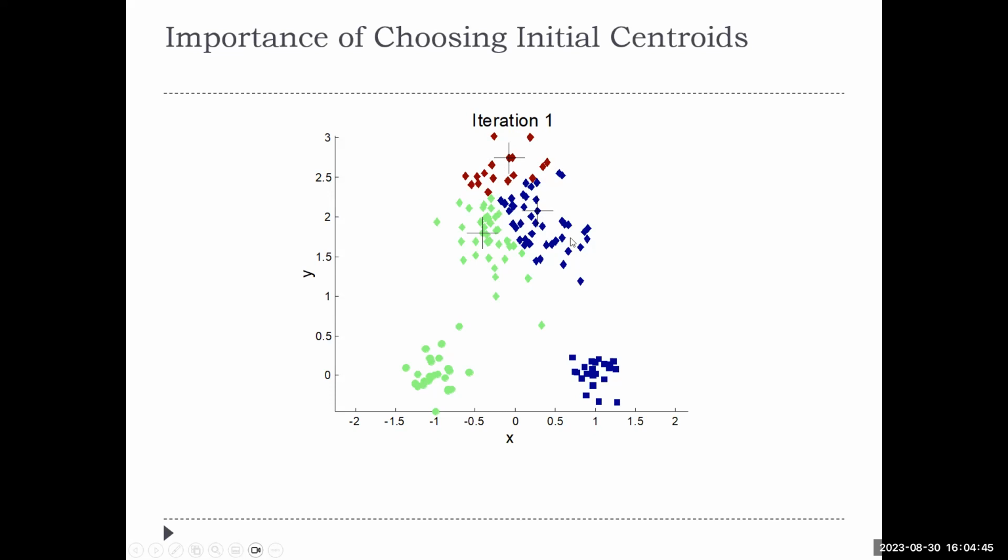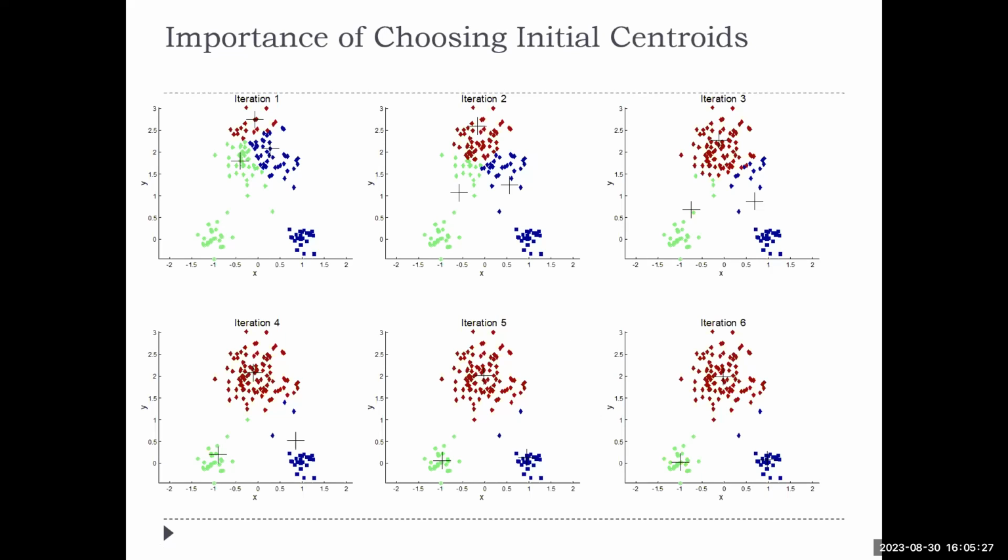All the points blue you see will be assigned to this cluster, and all the greens will be assigned to this one. Automatically, when you recompute the center for the green, it's going to come up somewhere here, or blue is going to come up somewhere here, right? That's what's going to happen. So you see the center is moving properly. Then we have new assignments. The red cluster is growing, and it's growing. Then we have green and blue at the bottom, and so on. This is what we get. So it's a simple application.